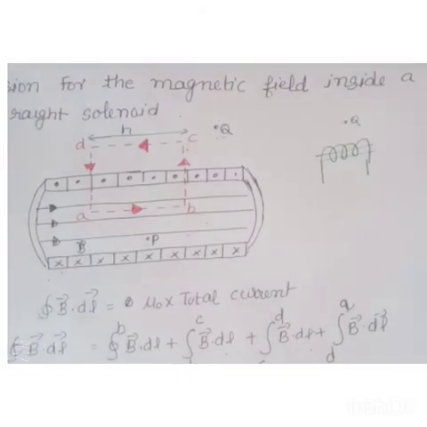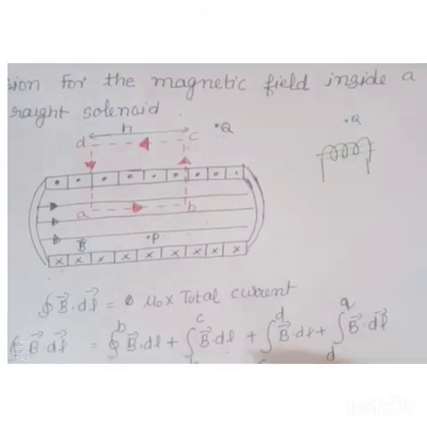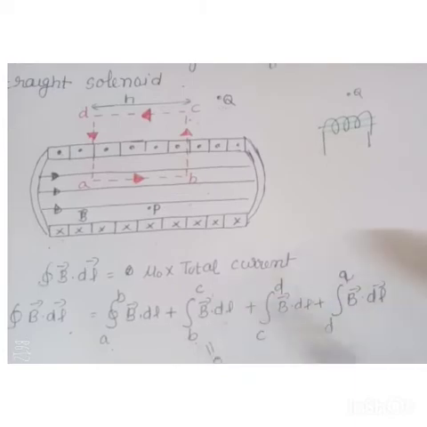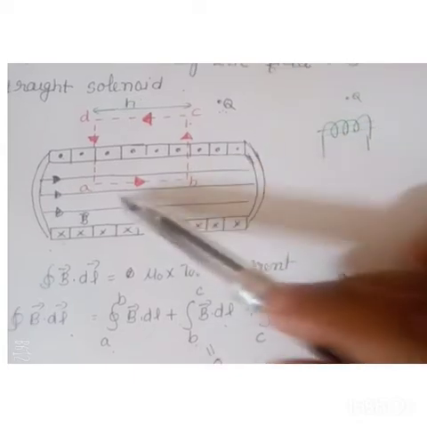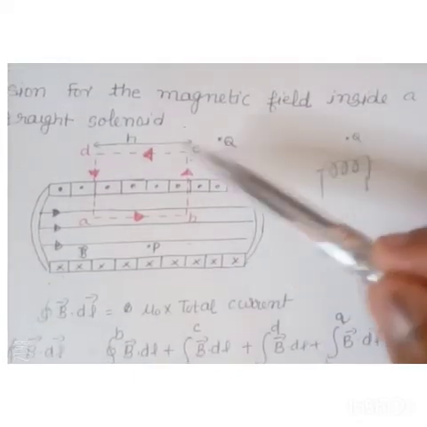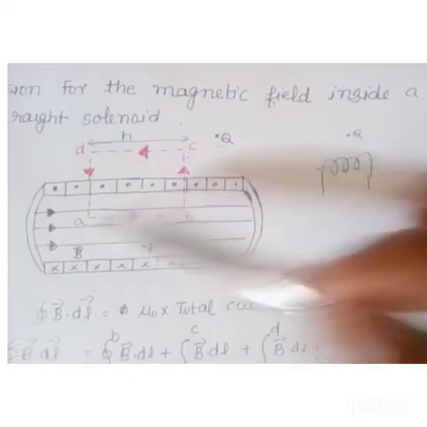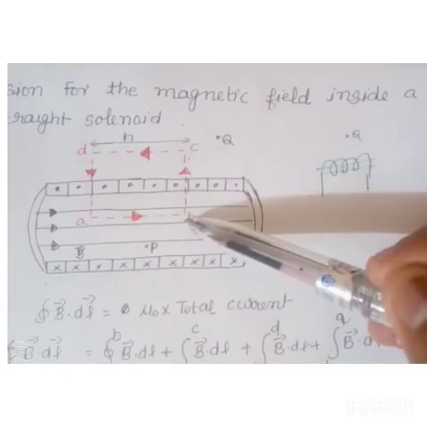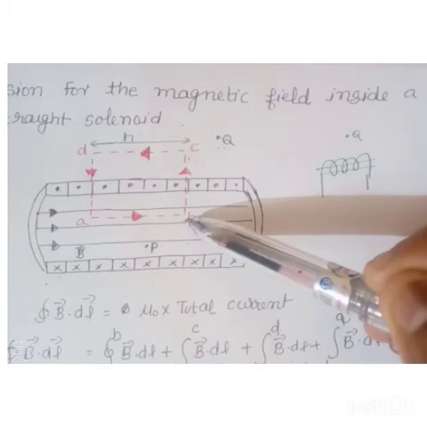Then you have to see this picture again. Here, the integral of B to C and the integral of D to A: the magnetic fields are perpendicular to these sides. That is, angle theta is equal to 90 degrees.